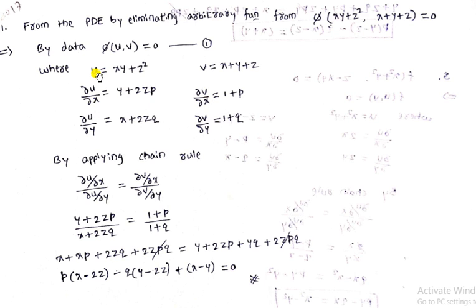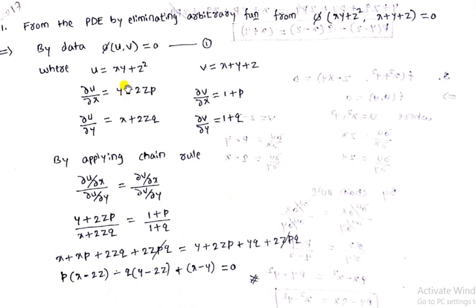First, u with respect to x is dou u by dou x. Differentiation of xy becomes y, and we differentiate the z function also because z is a function of x and y. So differentiation of z square is 2z and differentiation of z with respect to x is dou z by dou x, which is denoted as p.